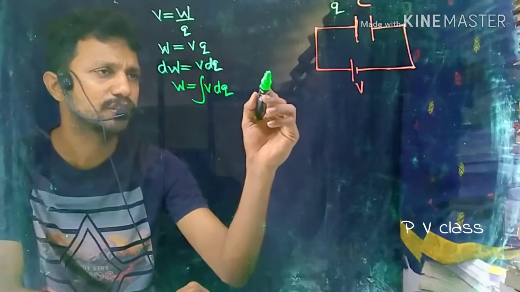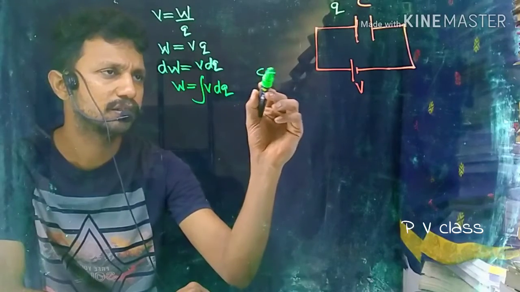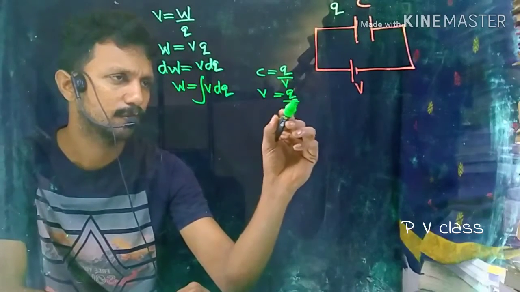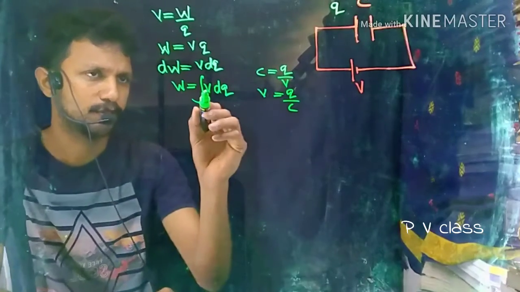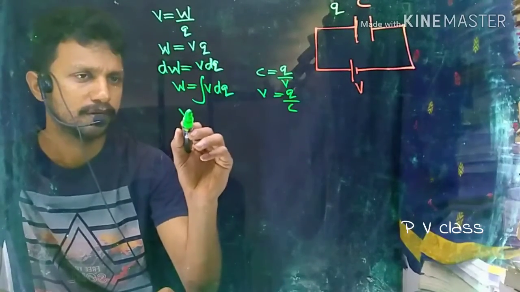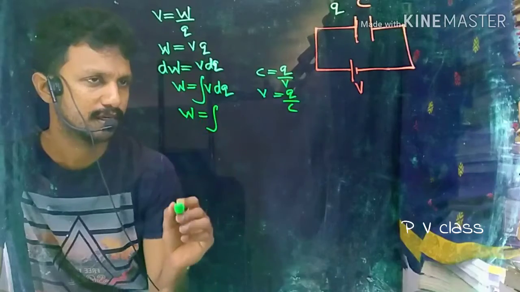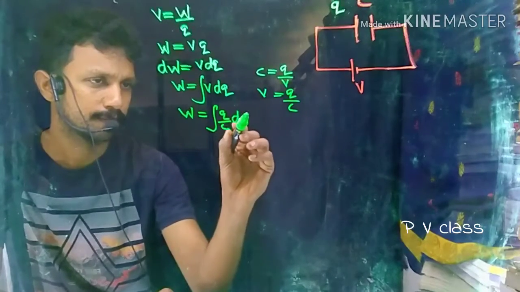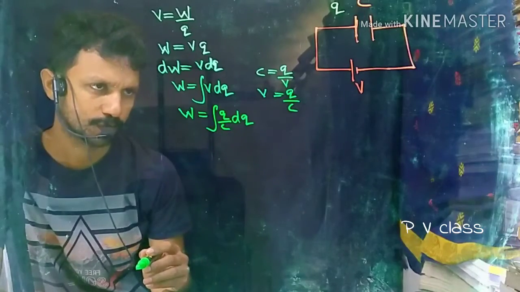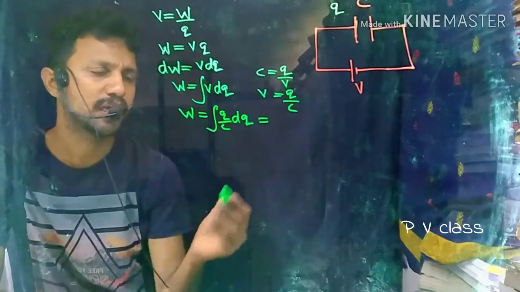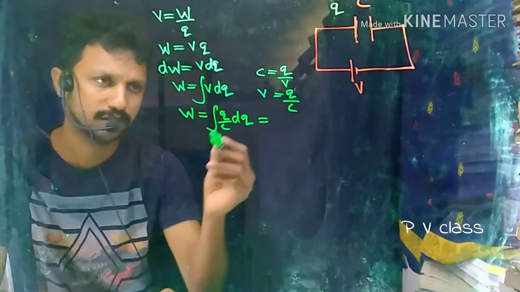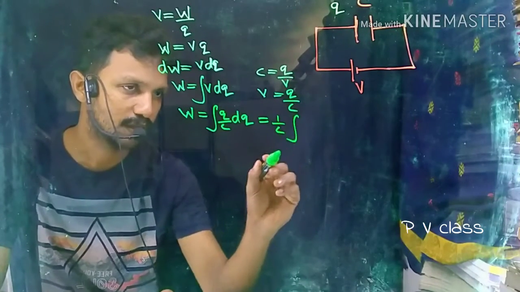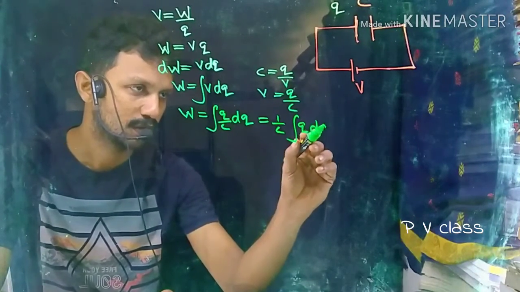And by the definition of capacitance, we know C is equal to Q by V. Therefore, V is equal to Q by C. I am substituting for this V. W is equal to integral of Q by C dQ. Then if we are taking constants out of this integration, C is constant, 1 by C is taken out, integral Q dQ.